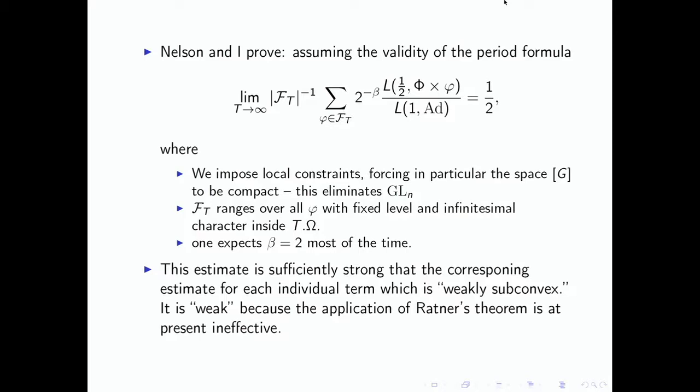And the reason it's little o of the convexity bound and that you can't do better than that is essentially because it involves some application of Ratner's theorem on invariant measures, which is ineffective, at least for now. Okay, so this gives you a rather interesting collection of averages of L functions which work in arbitrarily high rank. All right, but what I want to explain is how this comes from how the localized vector concept helps with that.